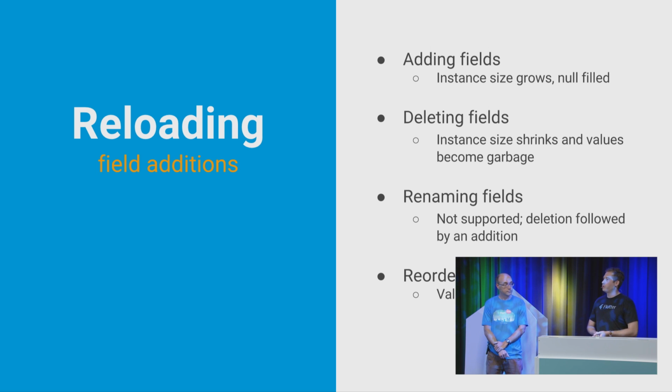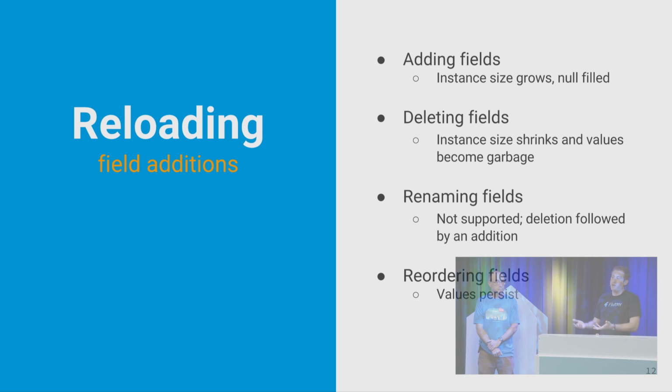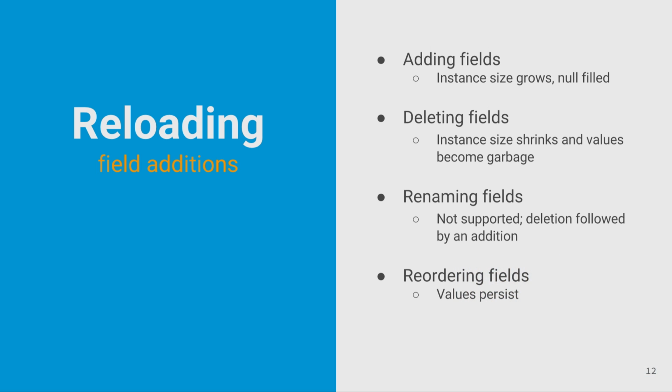And what we do is we end up going through the heap. We find every instance of that class. We grow it, and we put null in to where that new field is. And deleting works the same way, except we just shrink it. So we just scan across the heap. We find every instance of the class, shrink it down, and whatever values were in those fields, in those instances, they're just garbage, and the GC will take care of them for you.